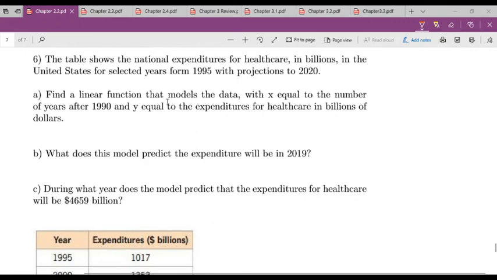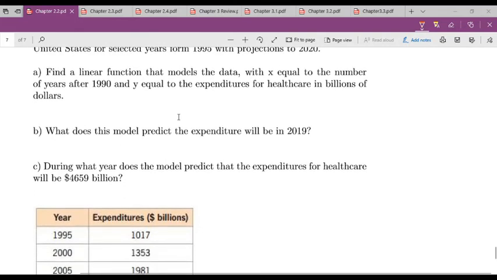Find a linear function that models the data with x equal to the number of years after 1990 and y equal to expenditures for healthcare in billions of dollars. Okay. B says, what does this model predict the expenditure will be in 2019? During what year does the model predict expenditures for healthcare will be 4,659 billion?